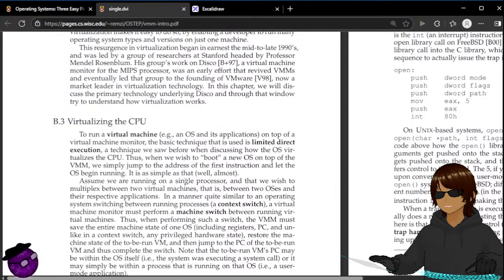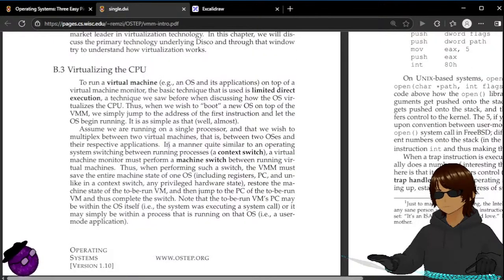Assume we are running on a single processor and that we wish to multiplex between two virtual machines, that is, between two OSs and their respective applications, in a manner quite similar to an operating system switching between running processes, a context switch. A virtual machine monitor must perform a machine switch between running virtual machines. Thus, when performing such a switch, the VMM must save the entire machine state of one OS, including registers, PC, and unlike in a context switch, any privileged hardware state.